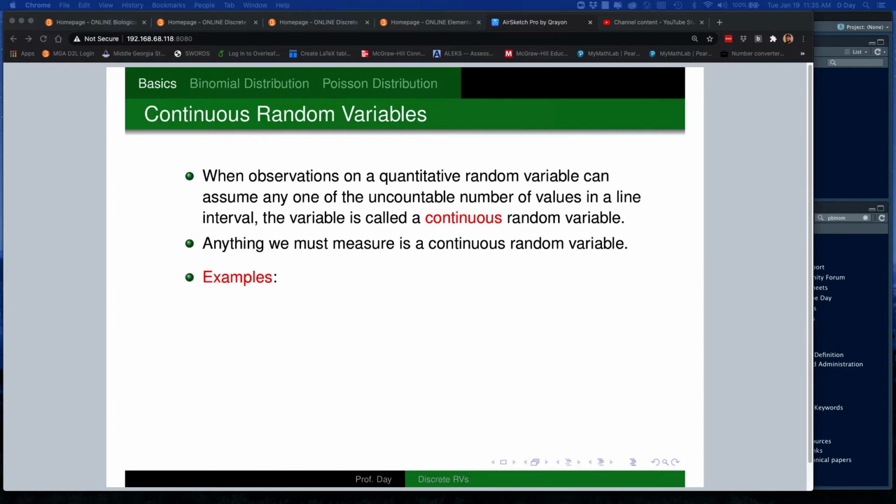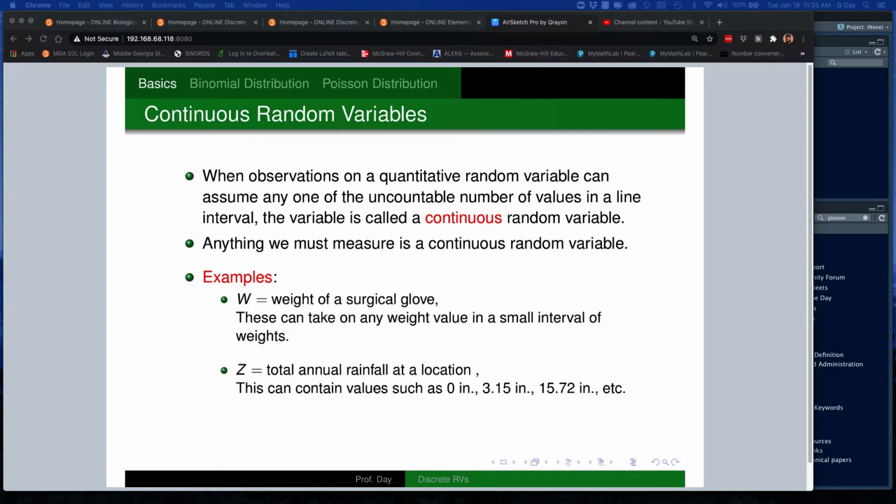These can include examples such as the weight of a surgical glove, which in this case, the weight being a measurement, can take on any value in a small interval of weights. Here I've got a random variable titled z equals the total annual rainfall at a location, and this can contain values such as 0, 3.15, so forth and so on.